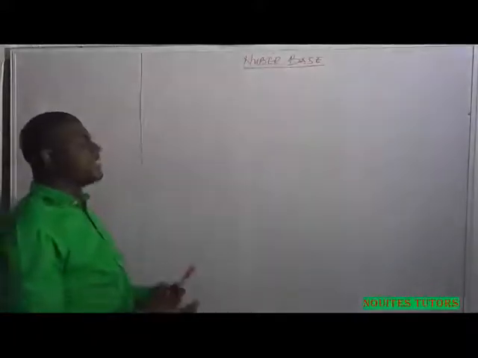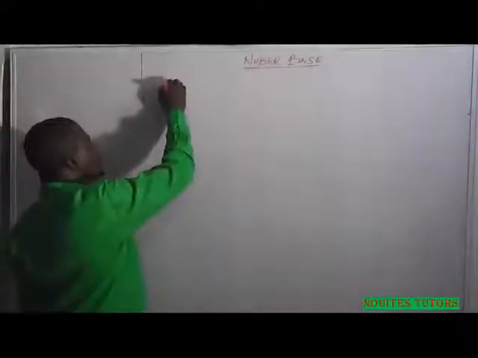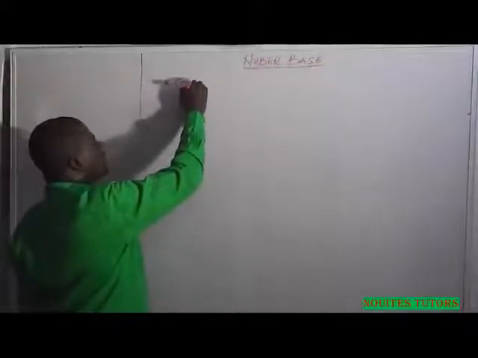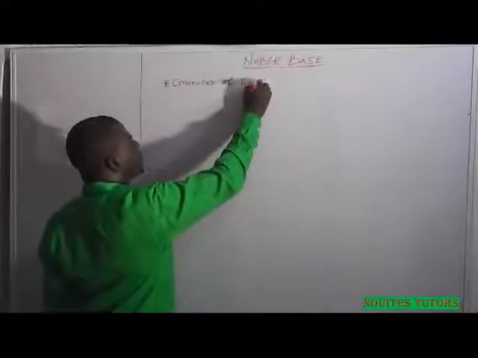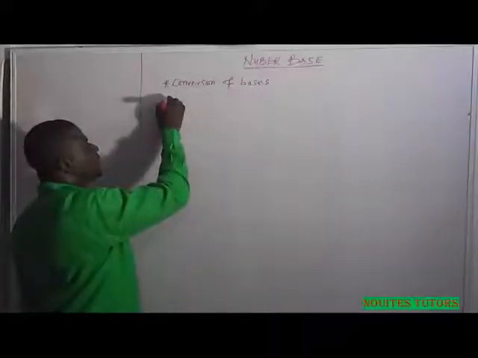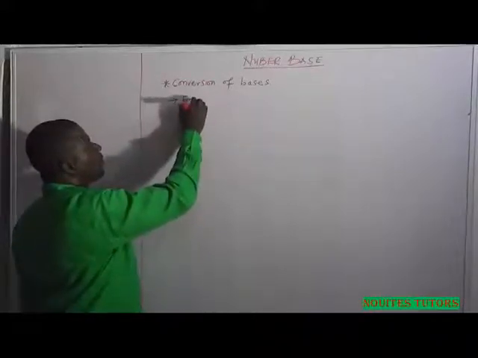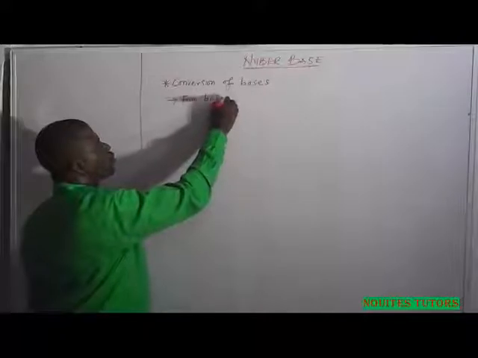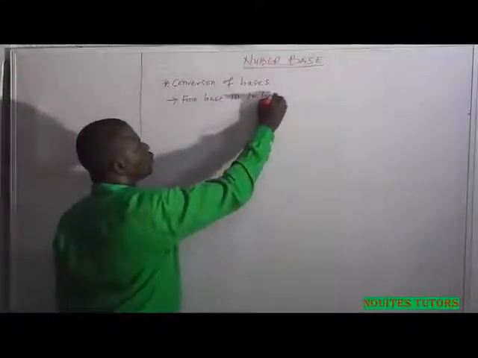So what exactly are we looking at in number bases? We are looking at conversion of bases. Under conversion of bases, we are going to look at conversion from base 10 to base 2.